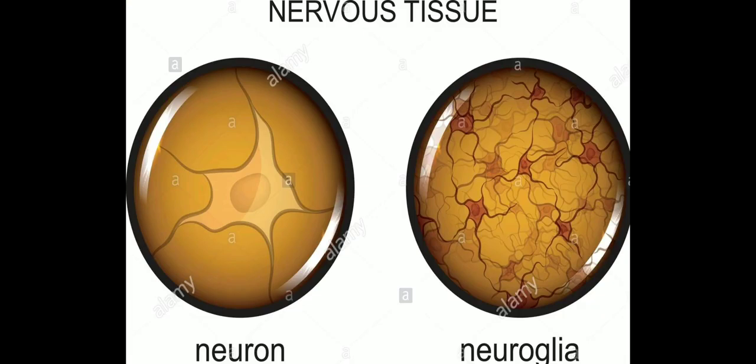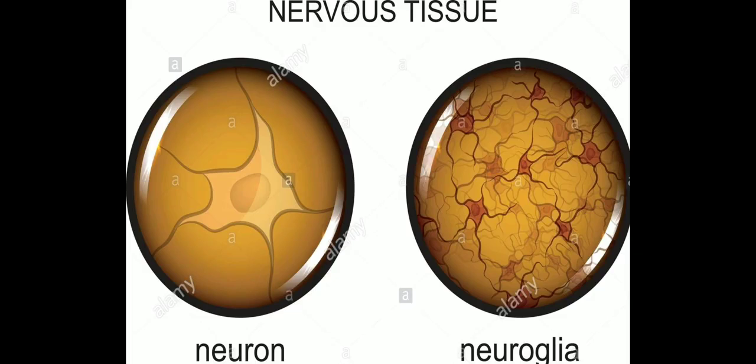Let's see the introduction of this topic. Nervous tissue is composed of nerve cells, or you can also call it a neuron, and neuroglial cells. That means two cells are present in nervous tissue. One is neuron, the other one is neuroglial cell.